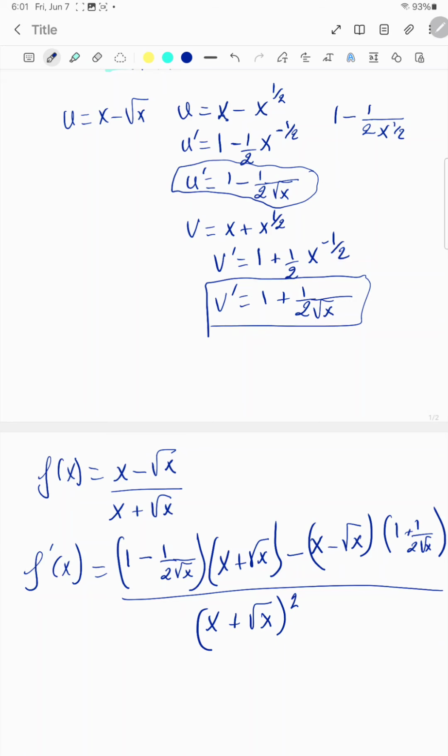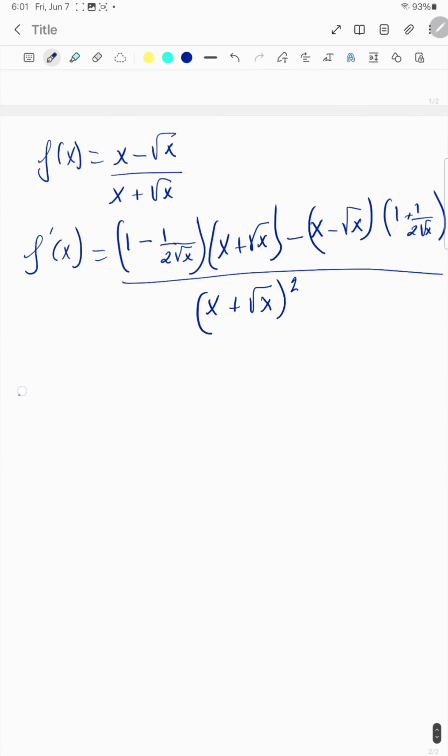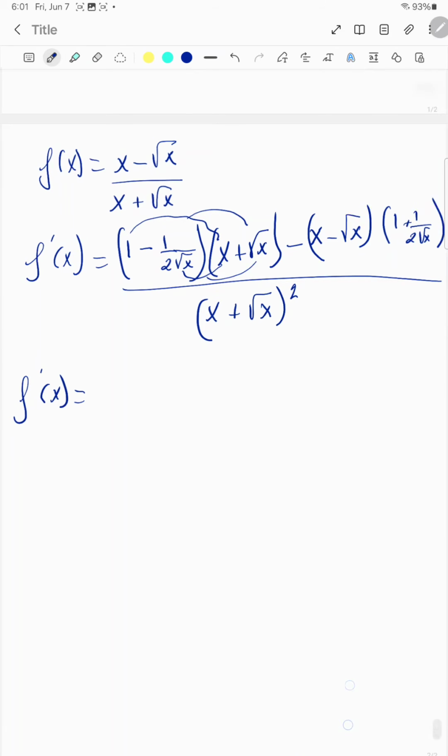And now let's develop f prime of x. I multiply the first term by the first and the second, and the second by the first and the second.